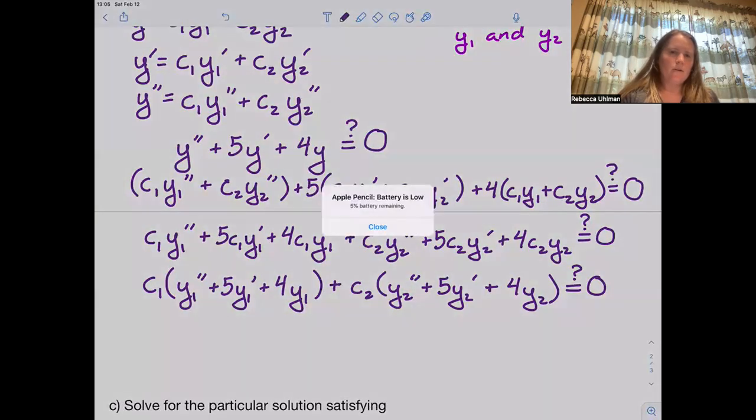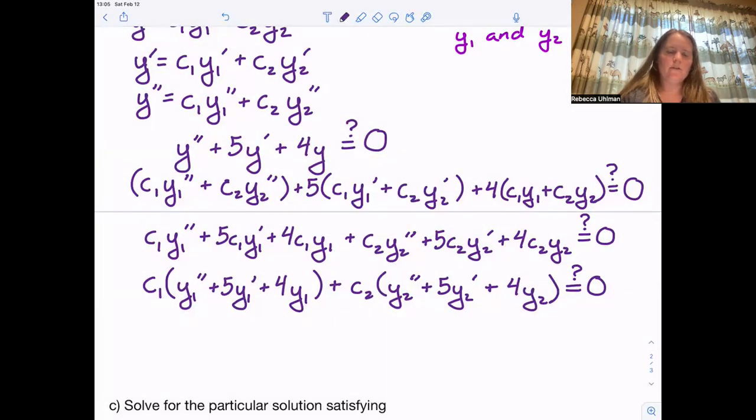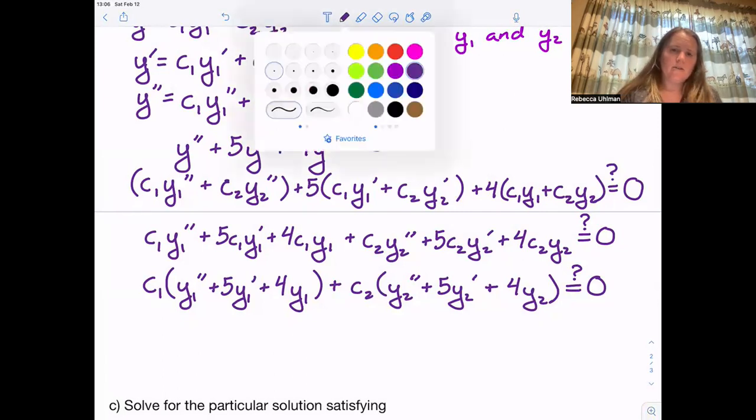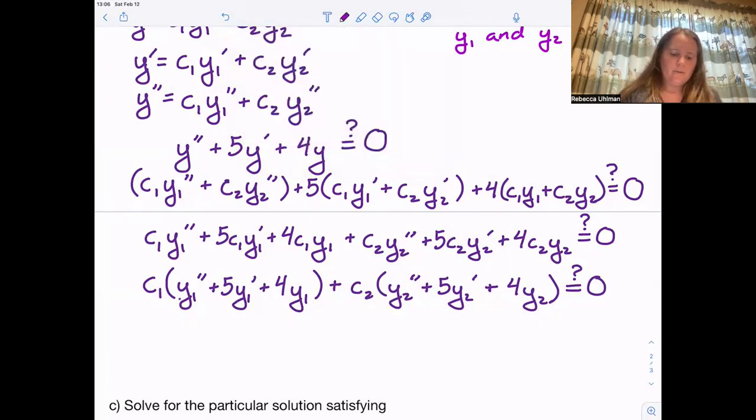So our first component, c1 times y1 double prime plus 5y1 prime plus 4y1, the stuff in parentheses should just equal 0. We actually just checked this since y1 is a solution to the equation.